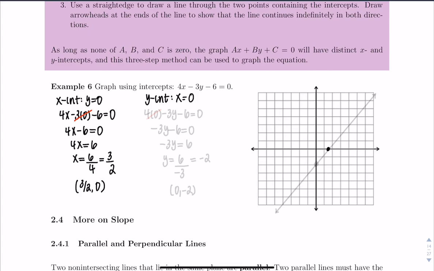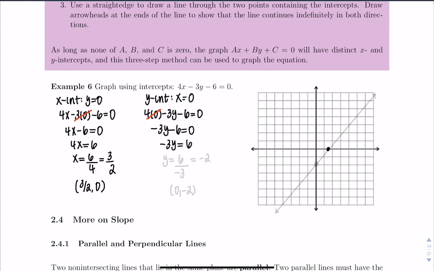So we have 4 times 0 minus 3y minus 6 equals 0. So 4 times 0 just goes to 0. We have negative 3y minus 6 equals 0. Adding 6 to both sides, we have negative 3y equals 6.